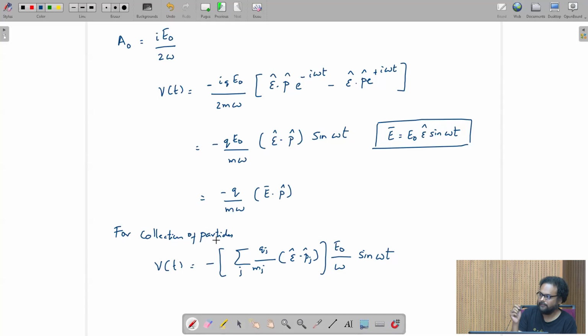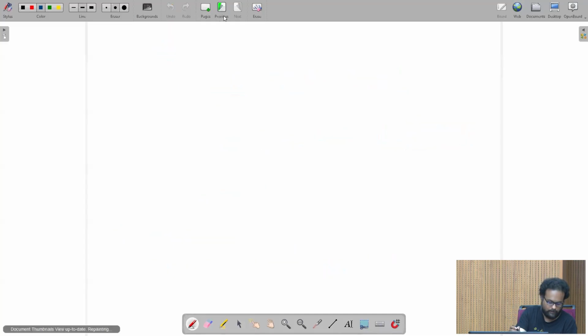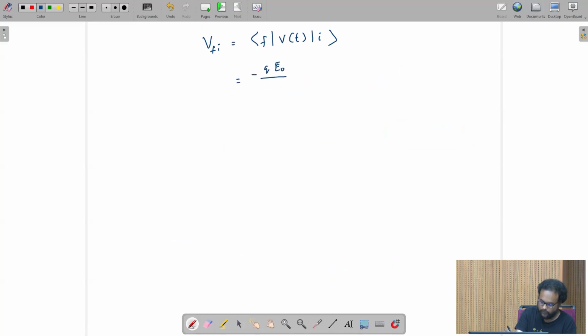So what I need to calculate is V_fi, which will be <f|V(t)|i>, which again, for a simple case, not multi-particle, not for omega.